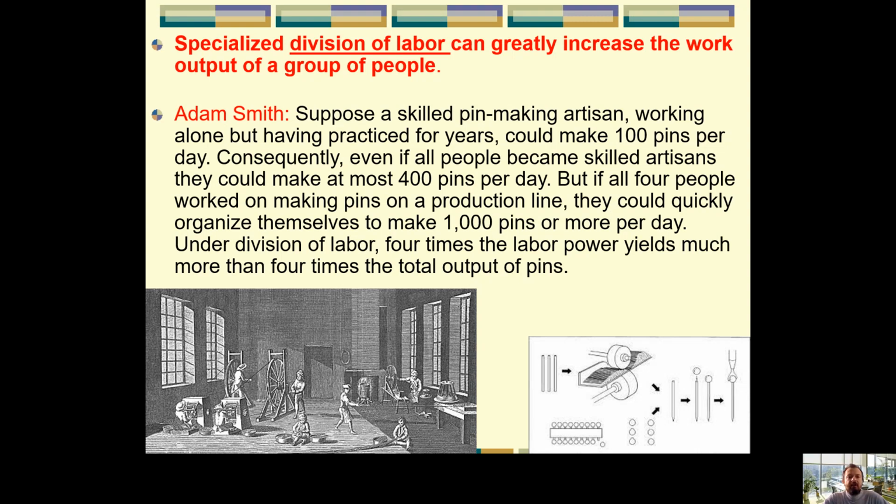He analyzed the process of producing pins, and he discovered that if one person produces pins, he can produce 100 pins per day, approximately.